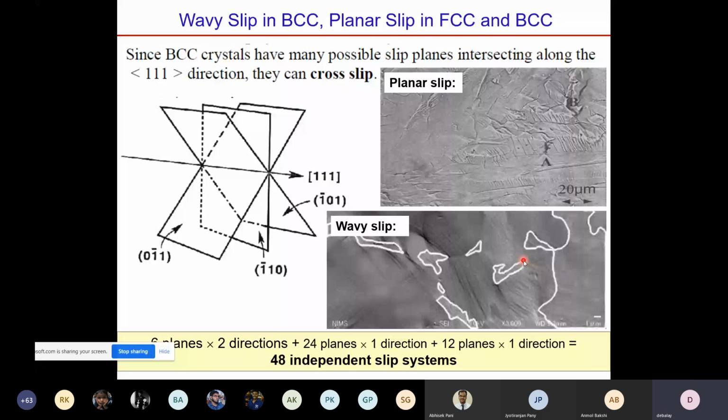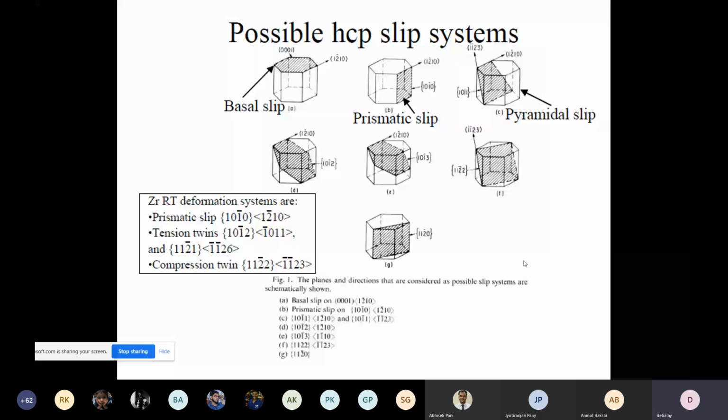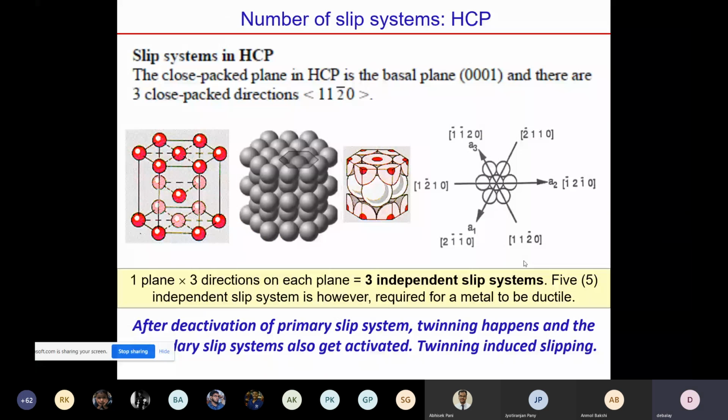HCP, I have already shown. Generally, it is shown that basal gives 3, but actually basal gives 2 independent. One basal plane contains 3 directions, as I have shown before, but out of these 3, 2 are independent, because movement in 2 can take care of the third because of the mutual relation between them.